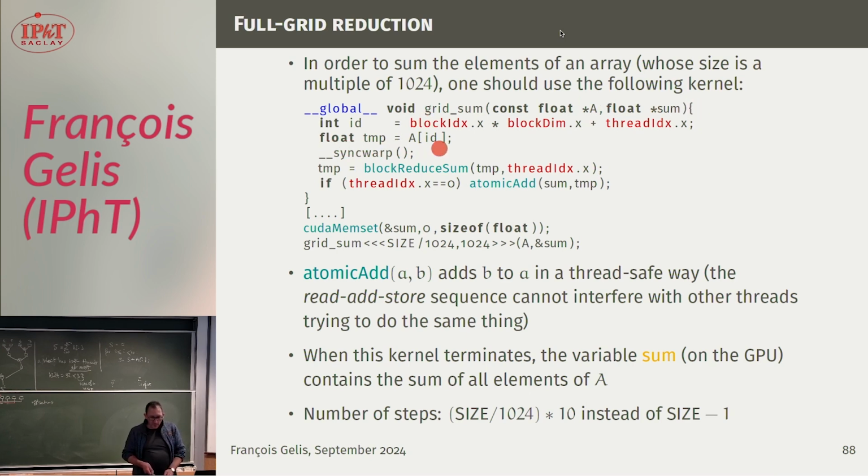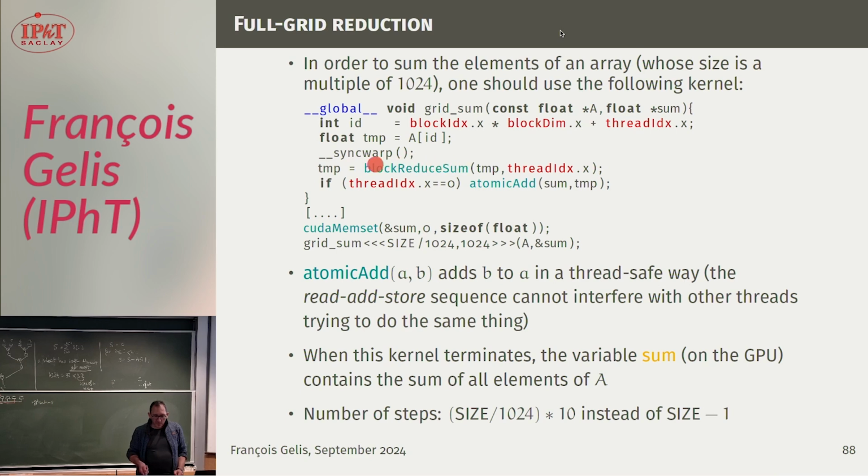You have to put this sync warp to make sure that all the threads in the warp have stored or have read from memory. Otherwise, you run the risk of calling this function too early while one or more threads in the warp have not yet read the values stored in the array.